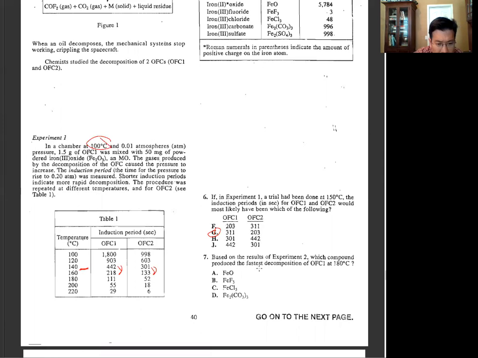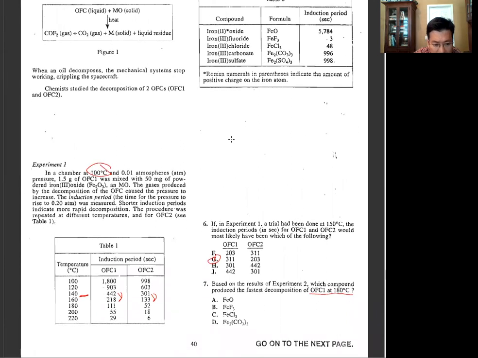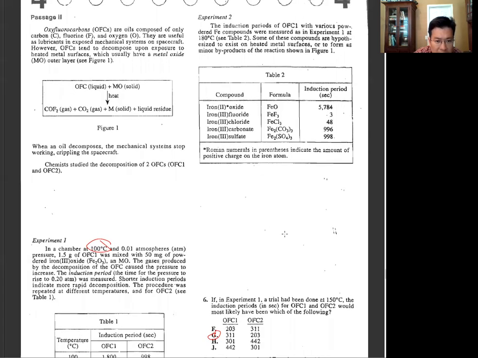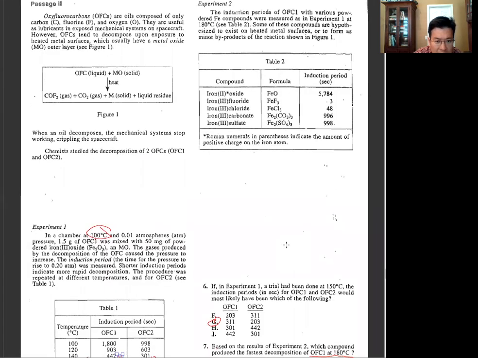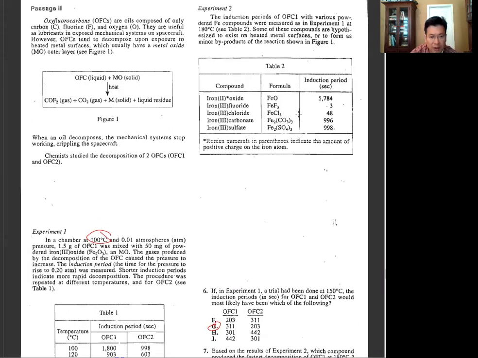Experiment 2, for the compound OFC1 at 180, which compound? OFC at 180 is like 111. So 111, that is something you can see. And the only information that we can find is the induction period per second.